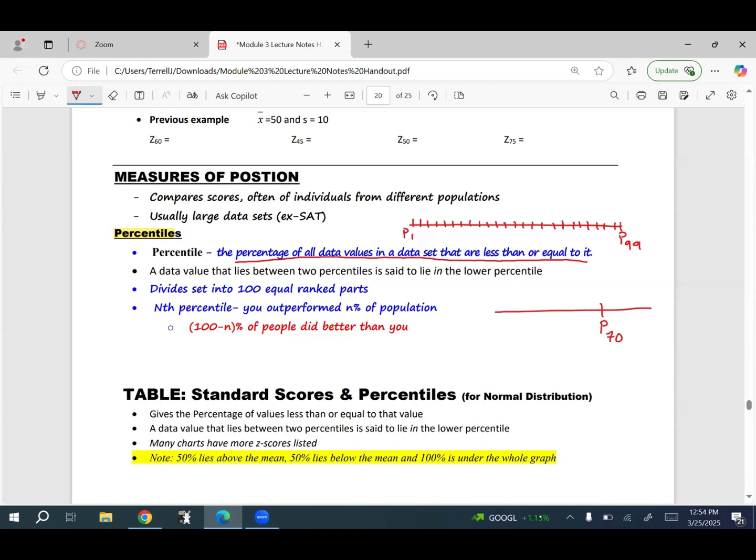So if you were, for example, in the 70th percentile, that means your position right here is located in between the bottom 70% and the top 30%. That is what the 70th percentile means. It means you did better than 70% of people that took the SAT that day, and 30% of people did better than you.